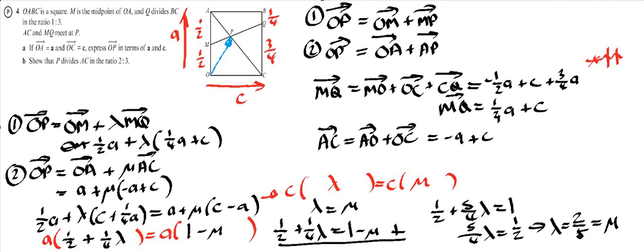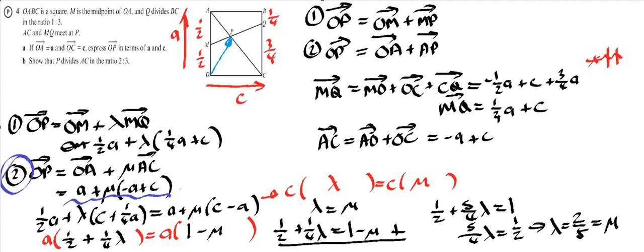So now we know lambda, now we know mu. All that remains is to go back and write that equation in terms of A and C. So OP, let's do number 2 because it's slightly easier, a bit less work.